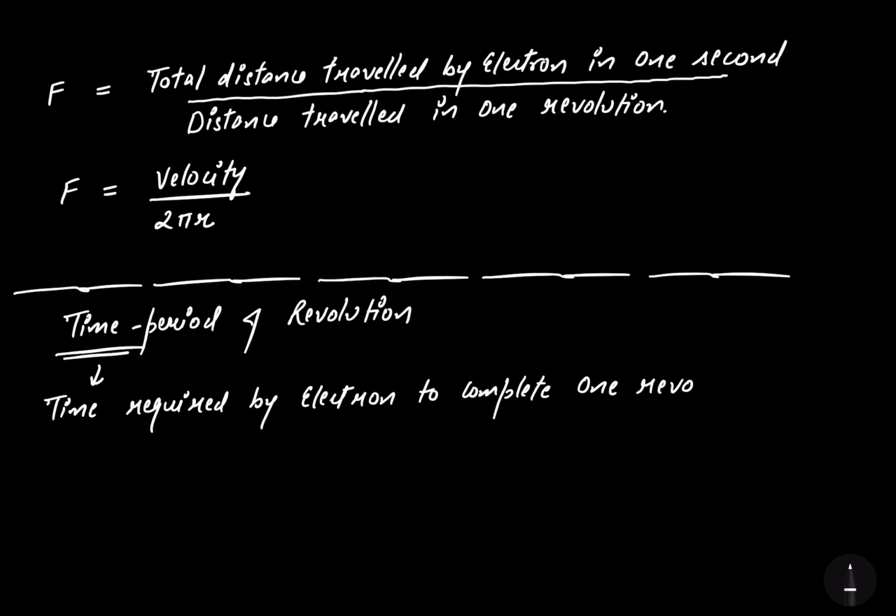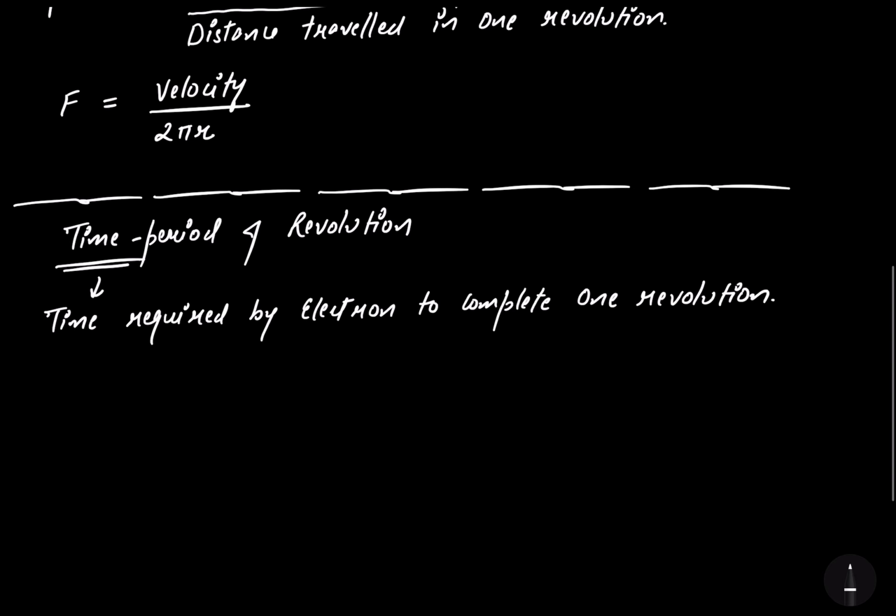The time required by electron to complete one revolution is called the time period of revolution or the time period of electron. So this time period, I'm representing by the capital T.